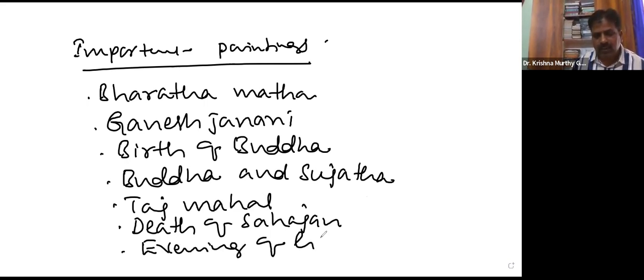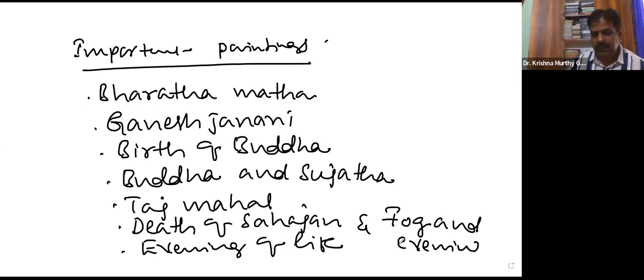Fog and Evening, which are the popular paintings of Abanindranath Tagore, younger brother of Rabindranath Tagore. Among these, the most popular is the Bharata Mata painting.